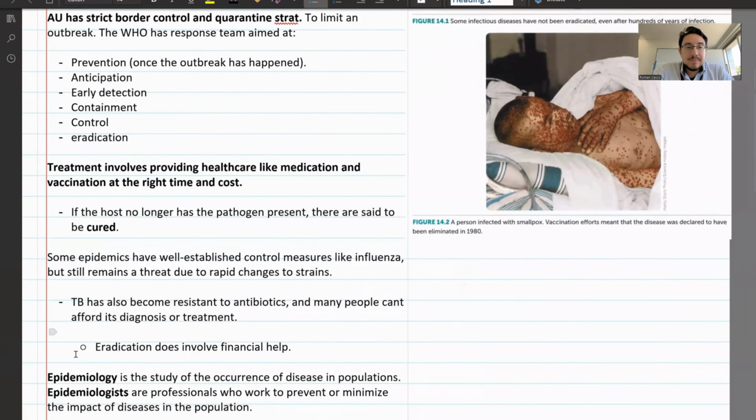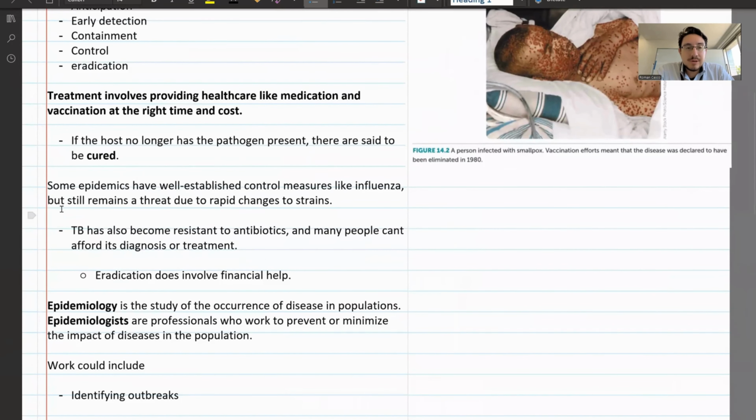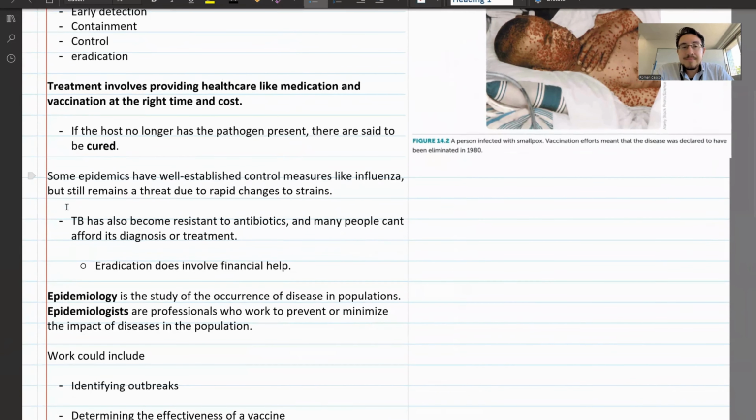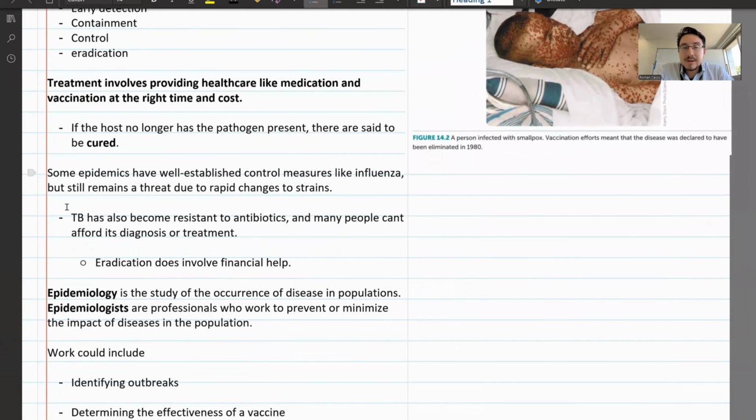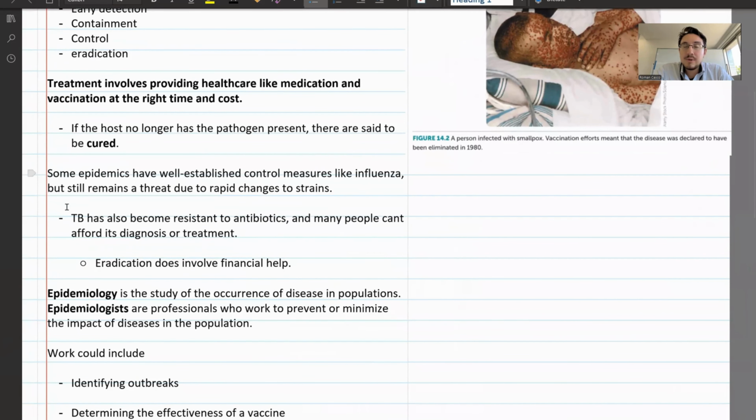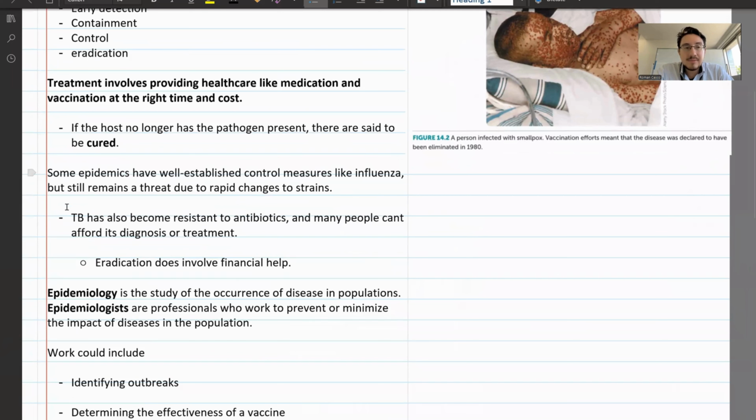And yeah, you have certain epidemics that we have good control over, a yearly disease, if I can say. An example is influenza, right? It reoccurs yearly and yearly and yearly, right? And it's just a matter of getting your booster shots and trying to avoid a high outbreak, right?